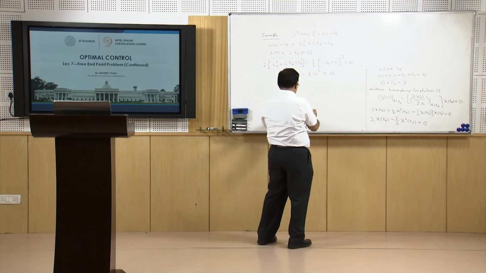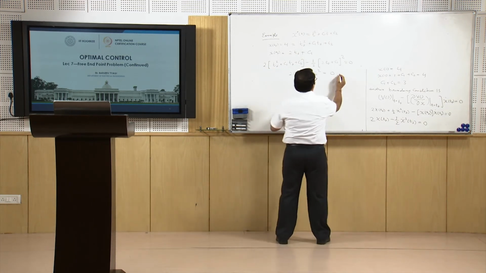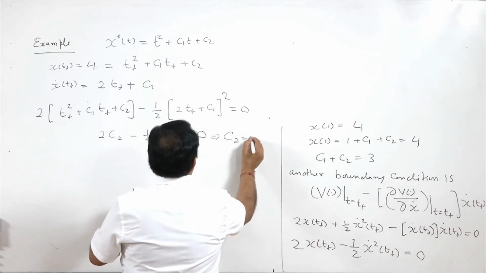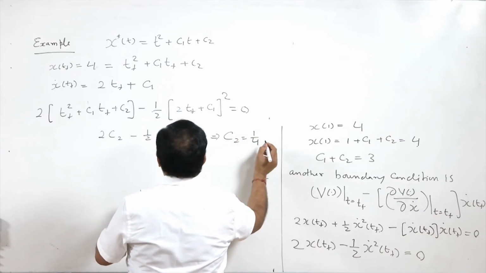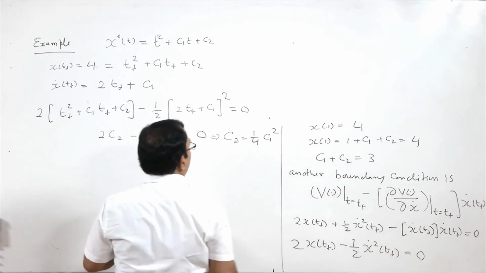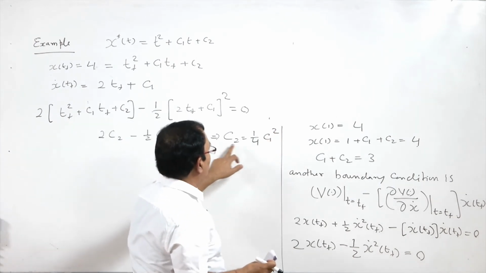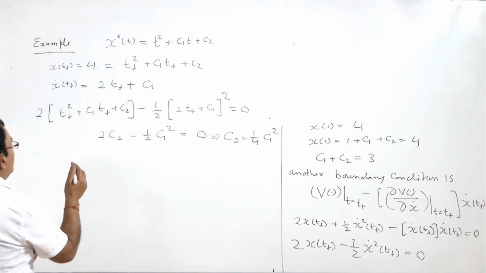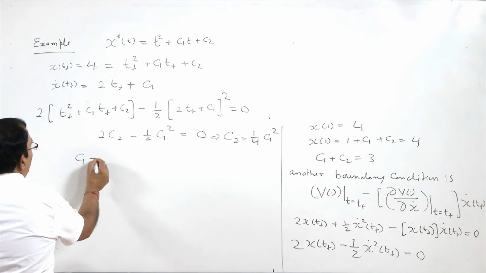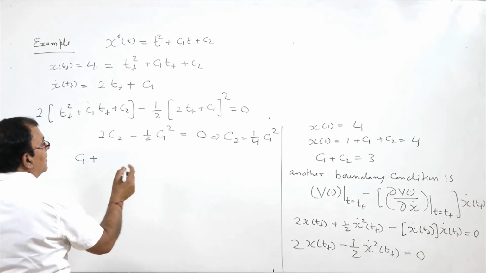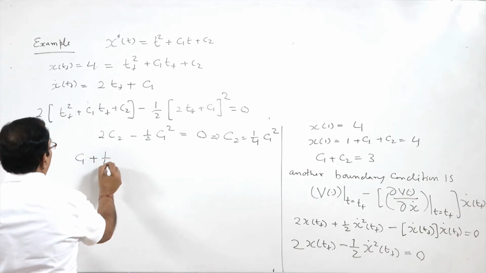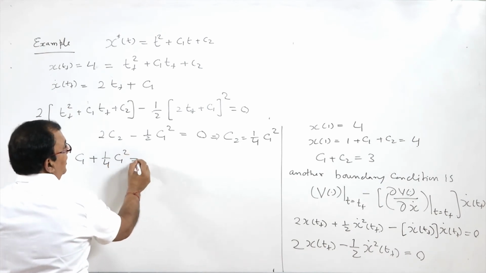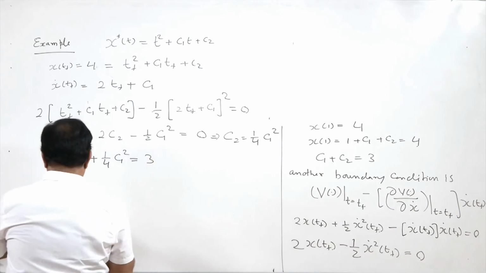So, this gives me C2 equal to 1/4 C1 squared. Placing this value of C2 in the equation C1 plus C2, in place of C2 I write 1/4 C1 squared, and this is equal to 3.